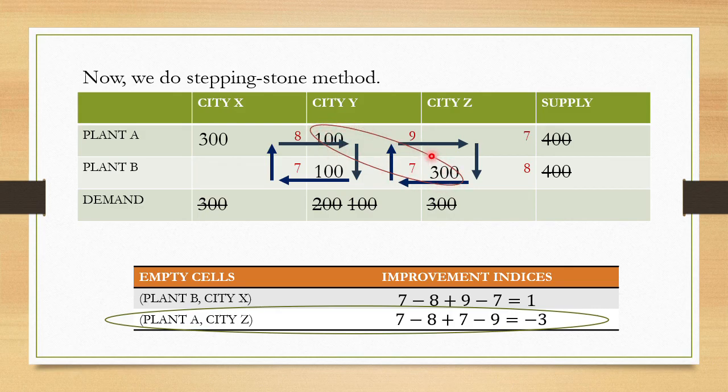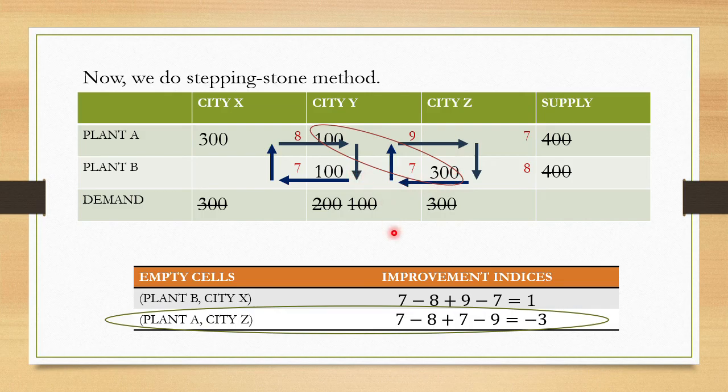Now between 100 and 300, which one is lower? We see that the lower of the two values is 100. So to improve the transportation cost, we move 100 from here to here, and we move 100 from here to here.